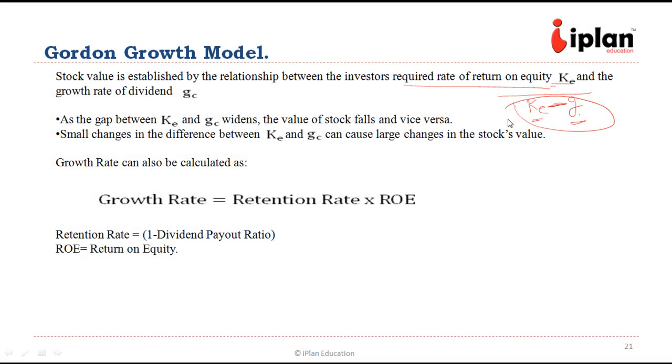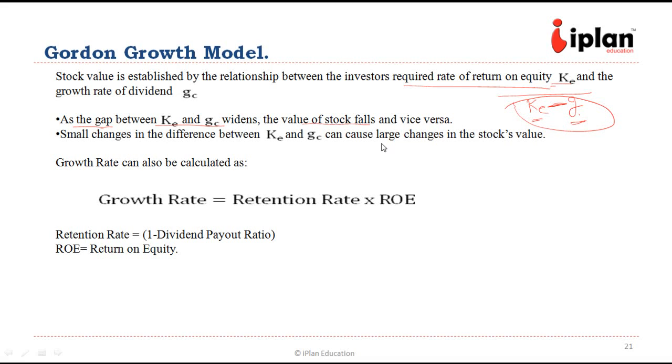Or we can say as the gap between Ke and g widens, the value of stock falls, and if the gap between them is narrowing, then the value of stock rises. And since these numbers are very small, they are in percentages, small change in them can cause large changes in the stock's price.